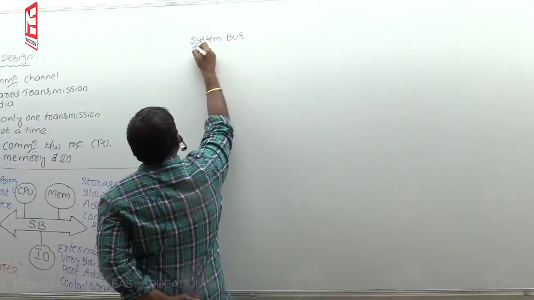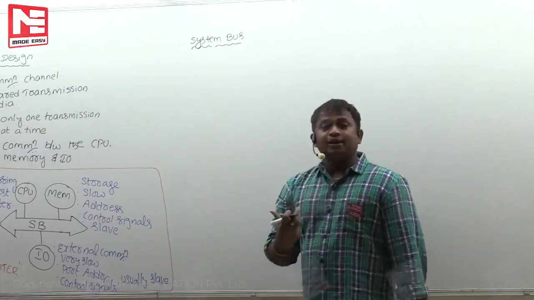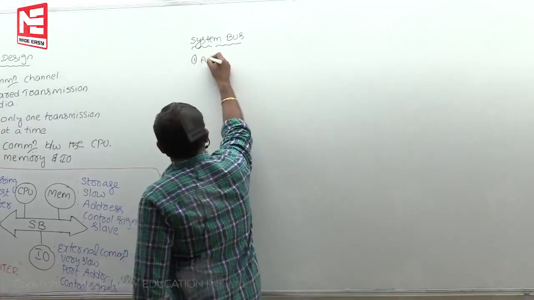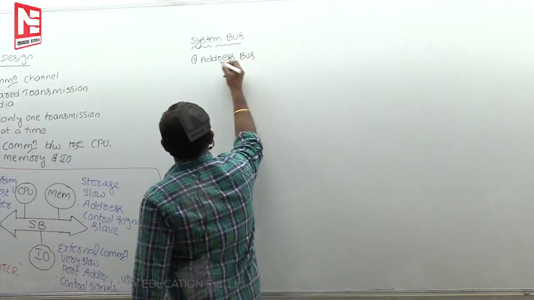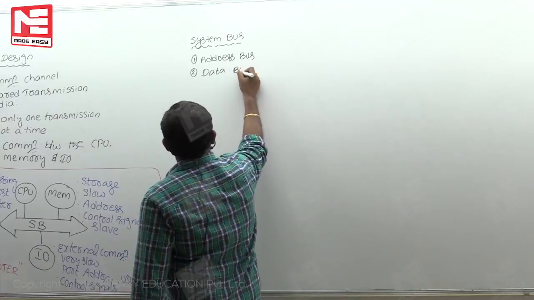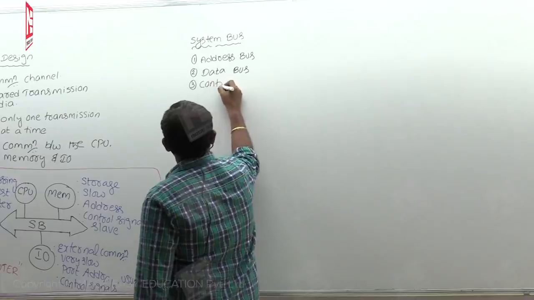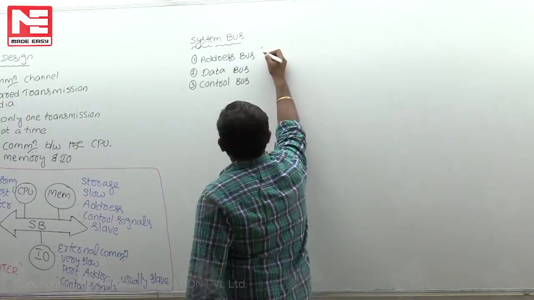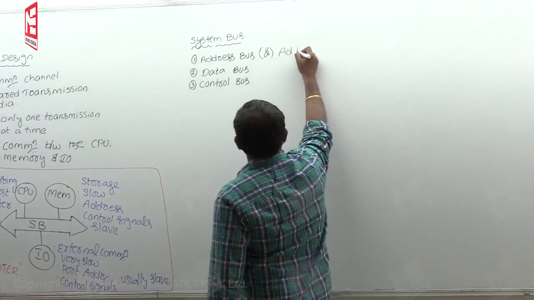System bus internally contains three categories of buses, named address bus, data bus, control bus. Okay. And sometimes we can say system bus contains three categories of lines.